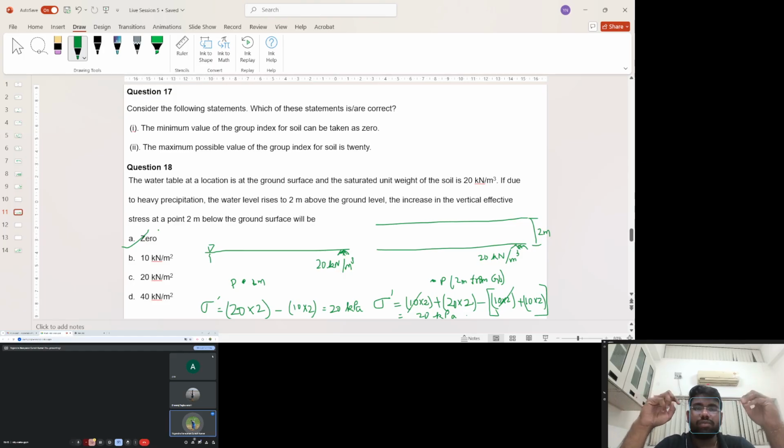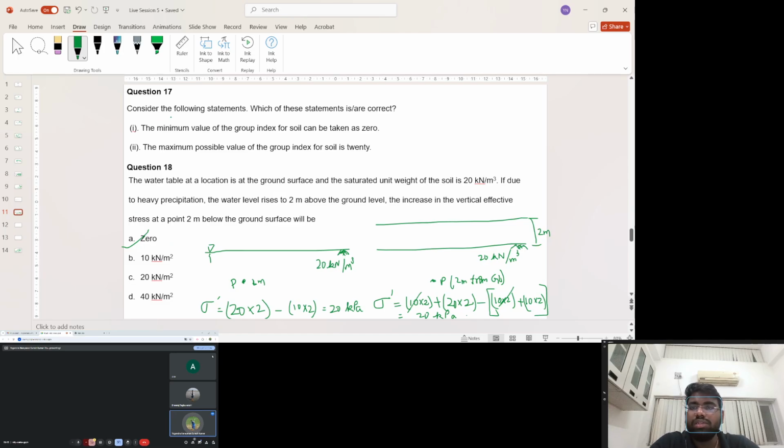So if you come across a situation where somebody asks what happens to the effective stress when there is a change in water level, you can straight away say that it will be 0. You need not consider it, as there will be no change in effective stress at all. All right, this is also one of the important observations. So option A is the right answer.